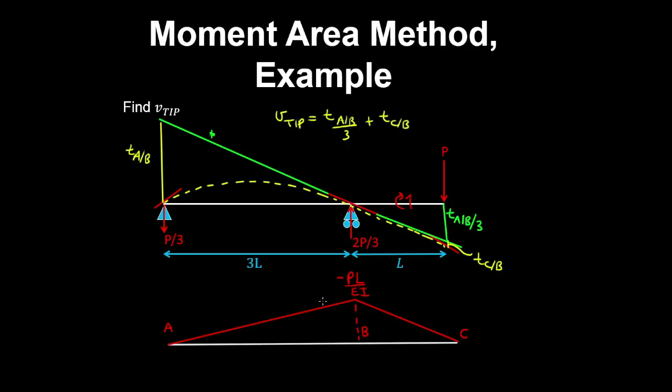And because the curvature diagram is piecewise linear, we can use a geometric definition of the tangent. So for example, the tangent at A relative to B is equal to the centroid by the integral from xa to xb of the curvature M on EI with respect to x. So if we take our origin on the left, then the centroid of this triangle is at 2/3 by 3L.